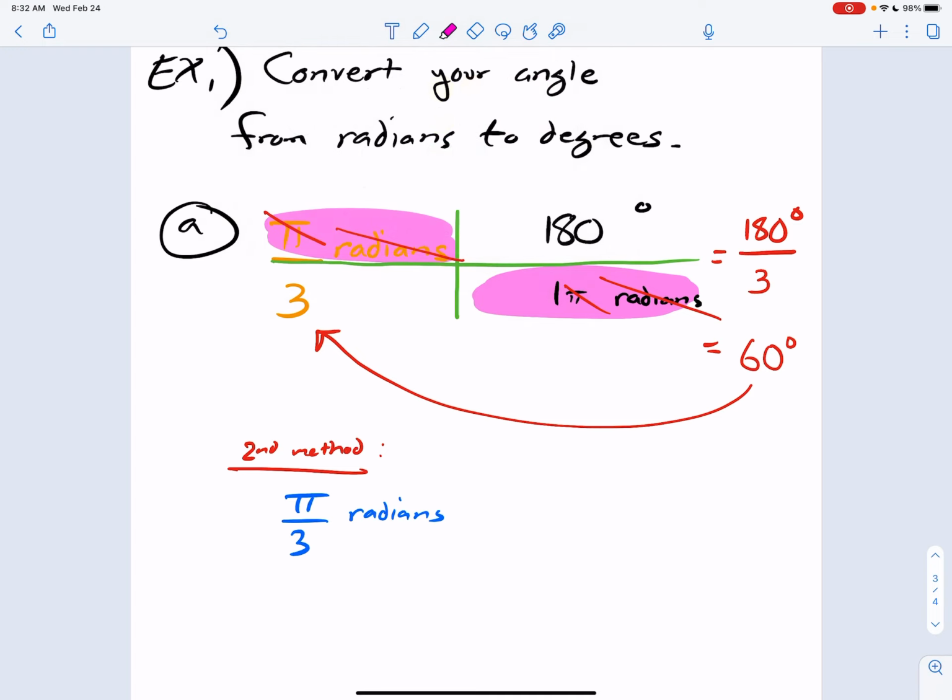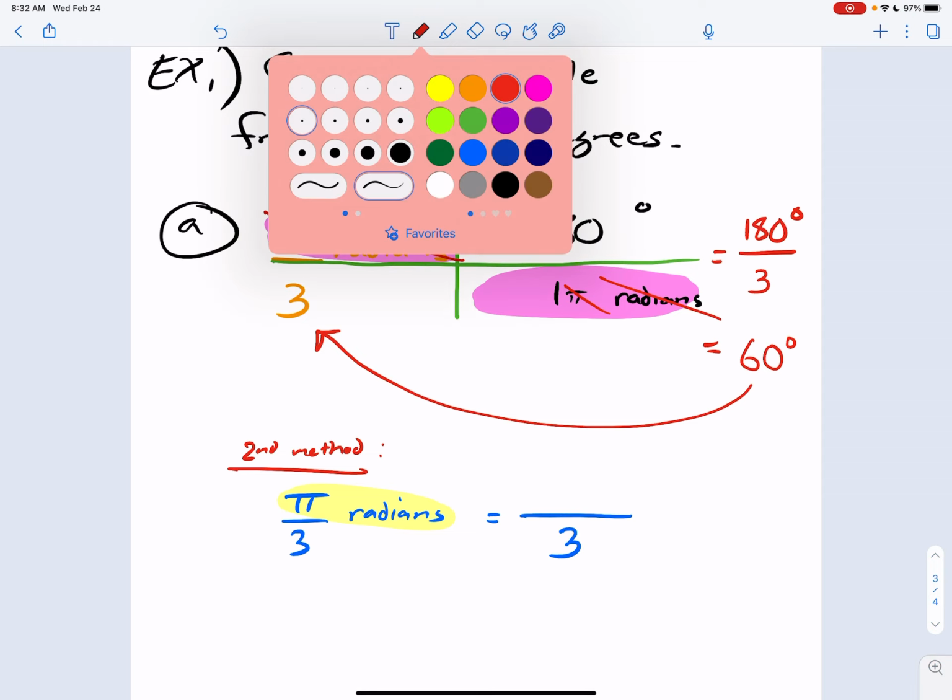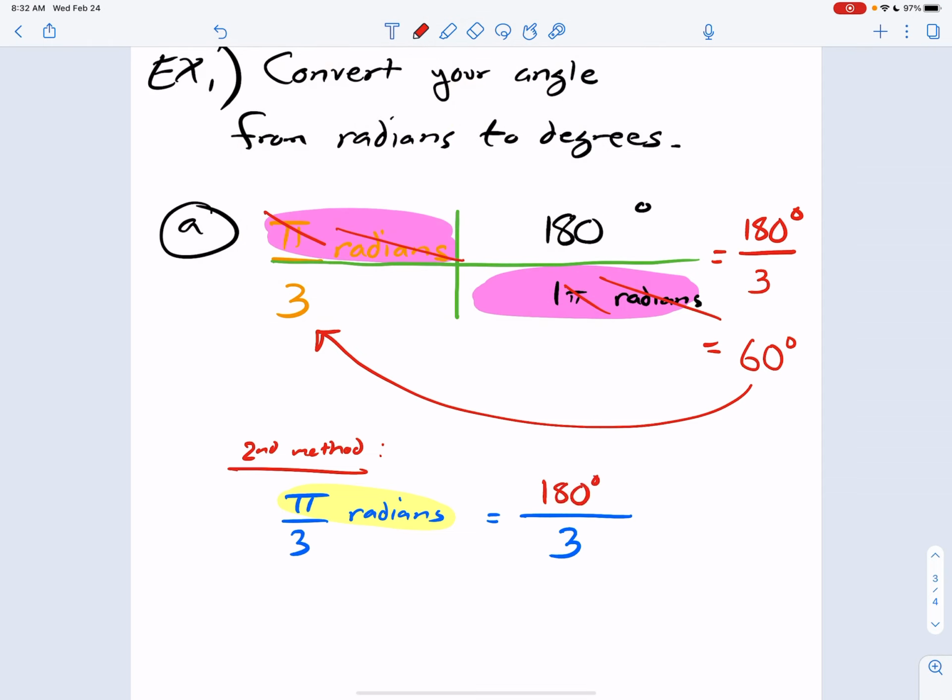Knowing that 1 pi radian is equal to 180 degrees, what you can do here is you can replace that highlight for 180 degrees. You're substituting or plugging in 180 degrees.